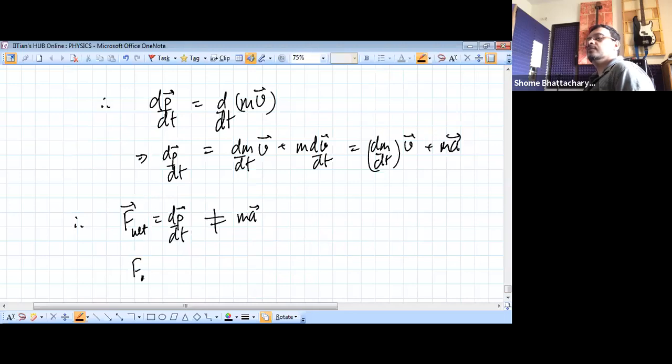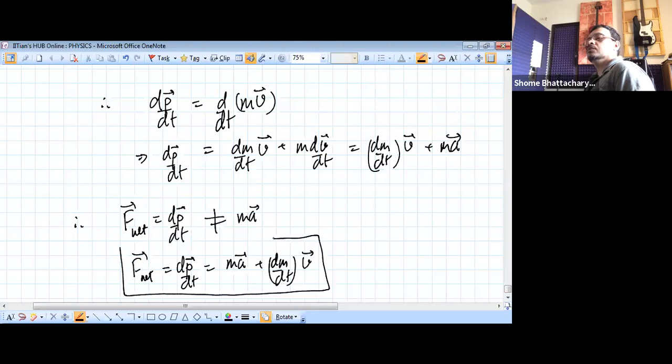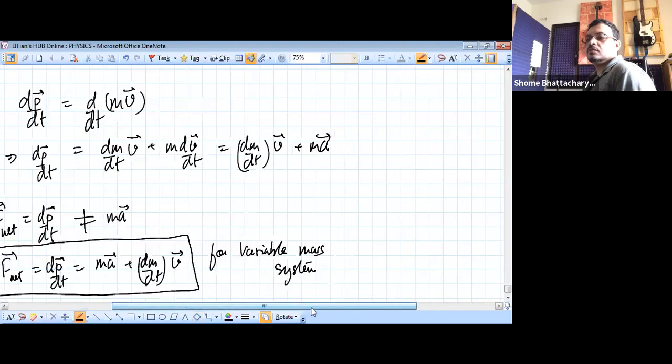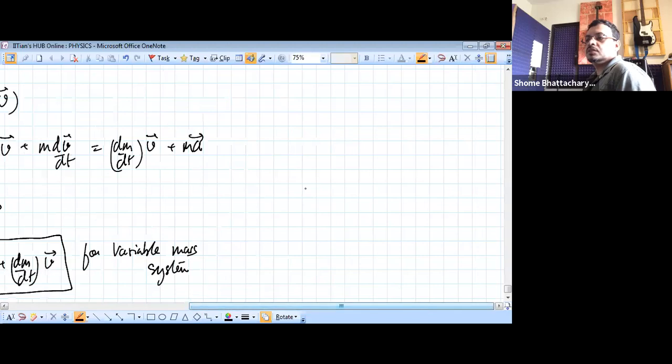Net force will be mass into acceleration plus this additional term dm by dt into velocity. So this will become Newton's second law for variable mass system.